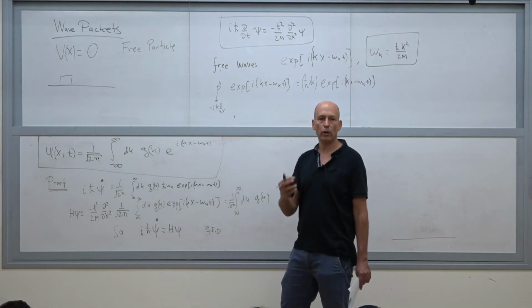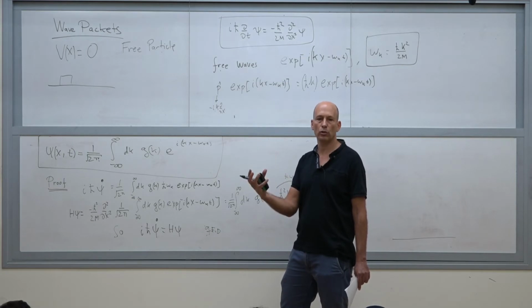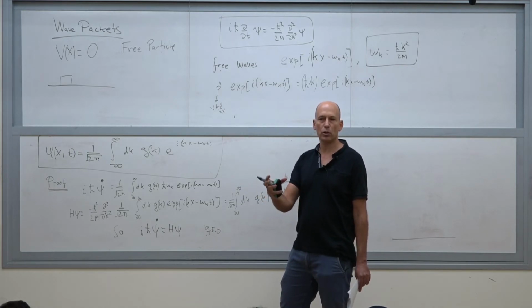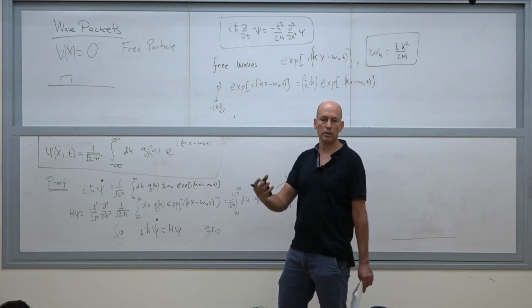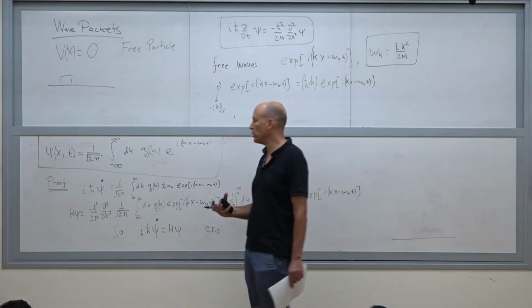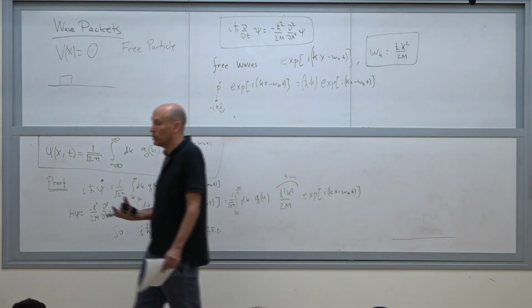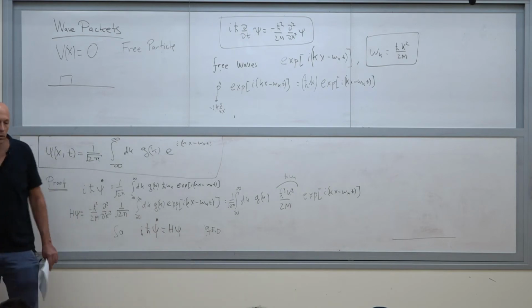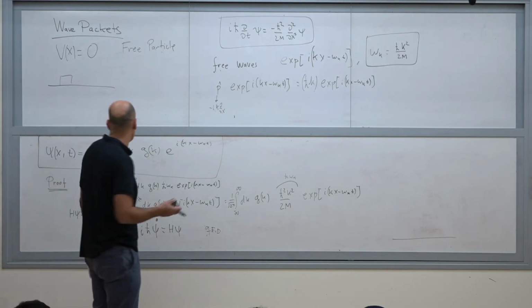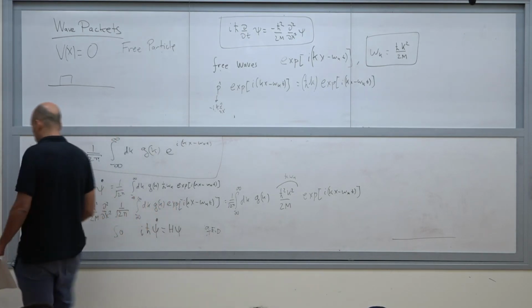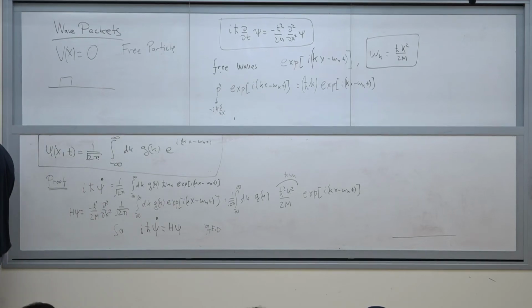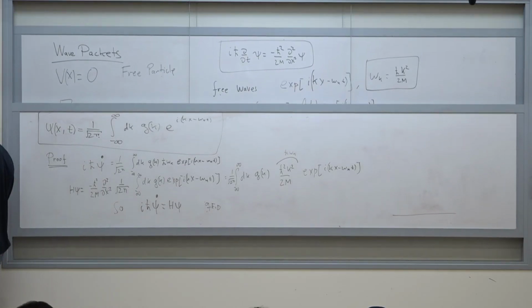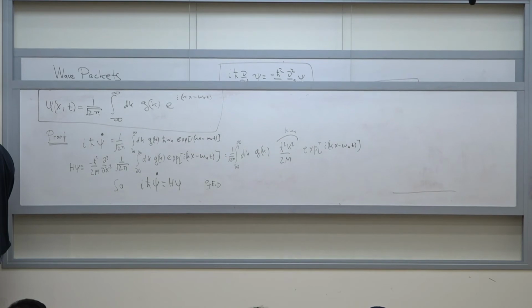To solve the Schrodinger equation, you need to use the initial condition. Give me some initial condition, I can, in principle, solve the Schrodinger equation. If I don't have any initial condition, then it's a hopeless situation, as usual. So we need to take into consideration the initial condition. So what does this have to do with g of k?